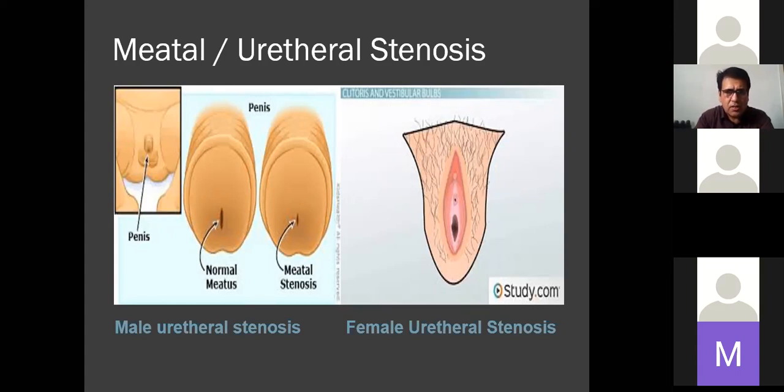Sometimes in males, when there are congenital anomalies along with urethral stenosis, we may need meatoplasty, reconstruction of the meatus. In most cases, it's just urethral stenosis, which is treated with urethral dilatation.